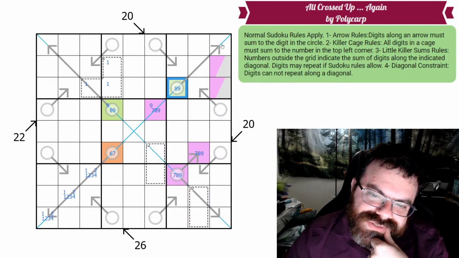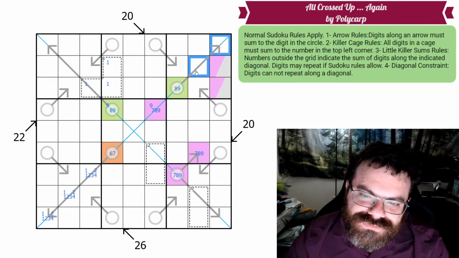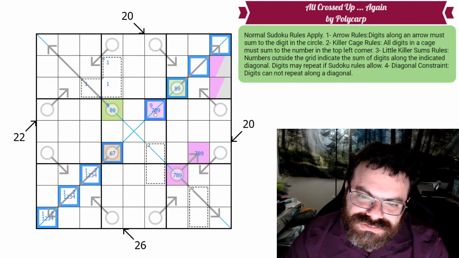How would we make 8? 1, 7, and 2, 6 are not possible. So if we were 8, we'd have to be 3, 5. So 8 would be with 7. And this 1, 2, 4. So we have 1, 2, 4, 3, 5, 7, 8. Purple would be 9.